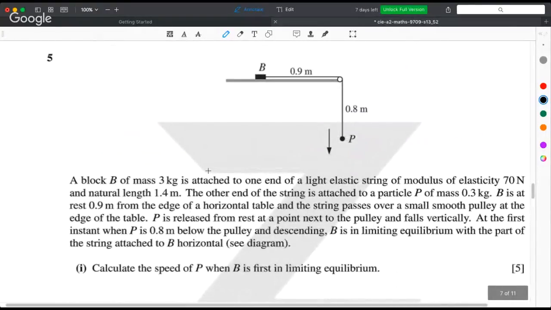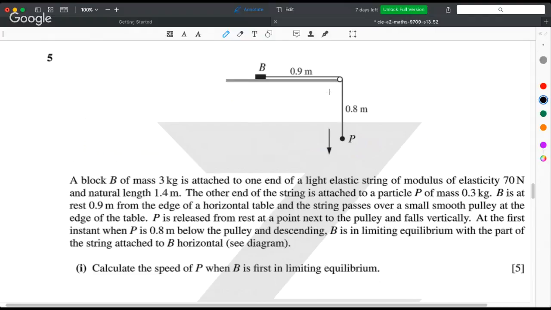Okay, question 5. We have the system set up, and then they release this particle, and the particle starts falling and starts pulling on B. At some point, B is going to be in limiting equilibrium.